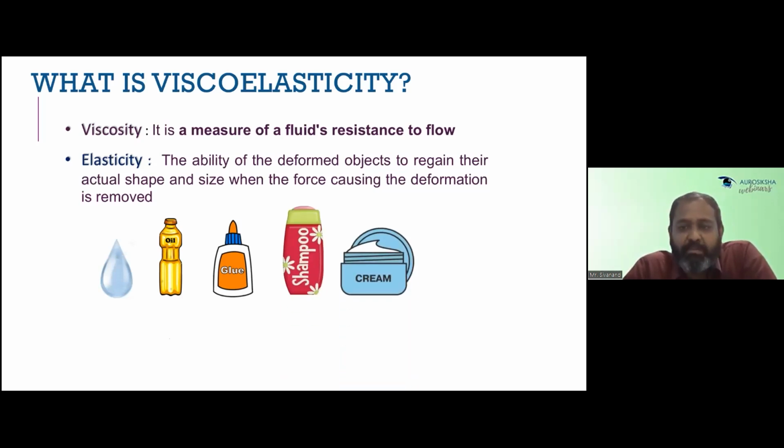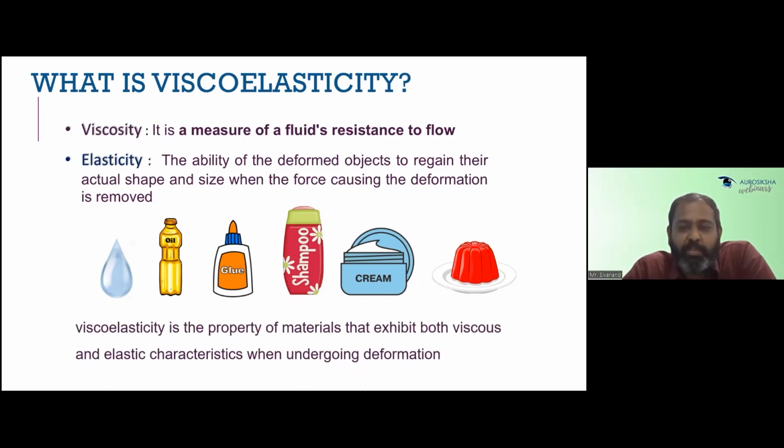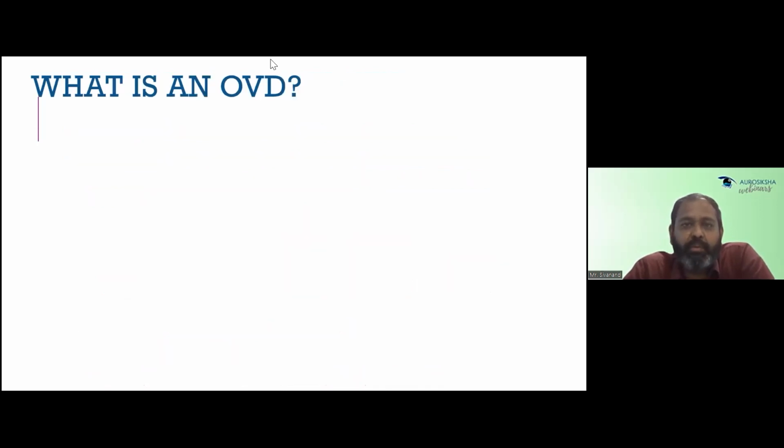Probably a shampoo or cream is much more viscous, and a jelly, if you disturb it a little bit, will come back to its original shape. So those are examples of viscosity and elasticity. Viscoelasticity is the property of materials that exhibit both viscous and elastic characteristics when they undergo deformation.